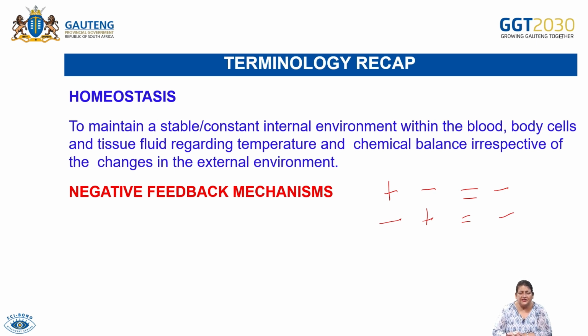When certain factors in the body are too high, like your temperature is too high, then there must be some kind of a mechanism that must decrease that temperature so it comes back to normal. When your temperature is too low, then there must be another factor that must increase the temperature so it comes back to normal. So we call this a negative feedback mechanism, right?